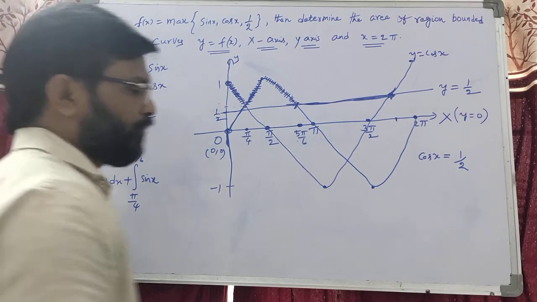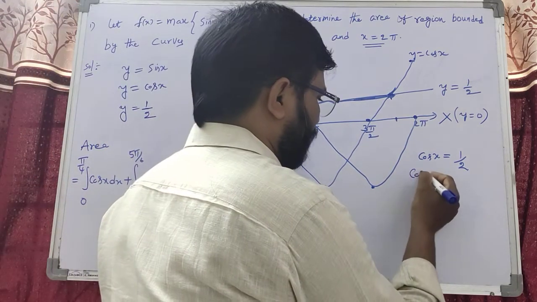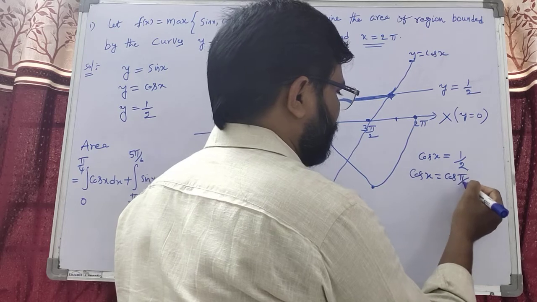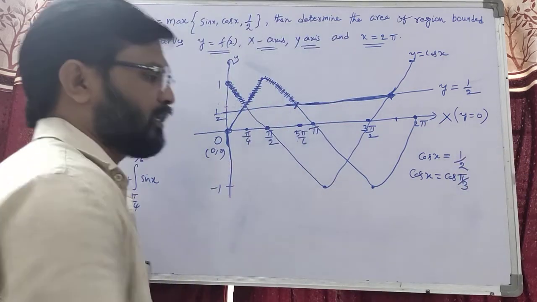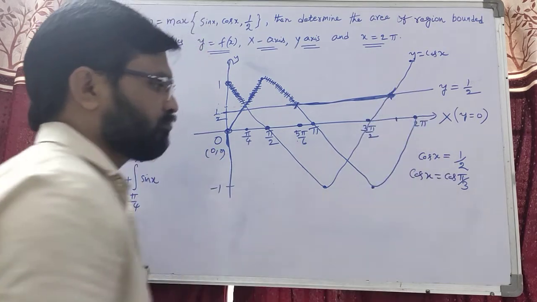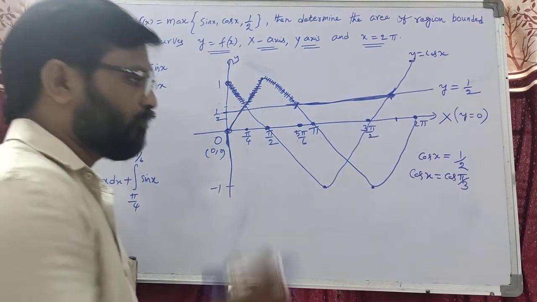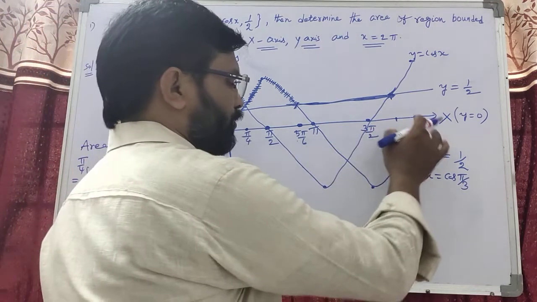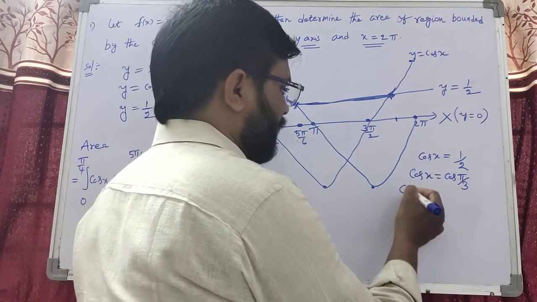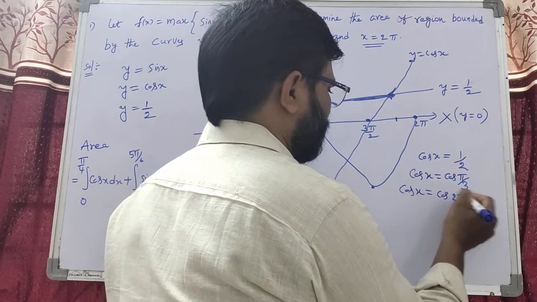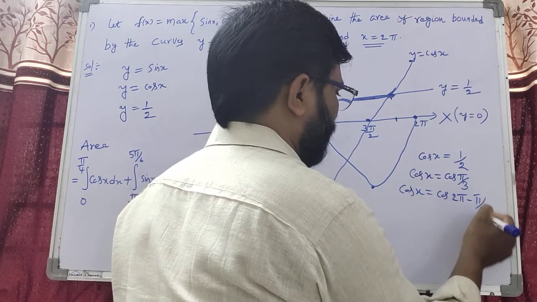Therefore, we have to know that the value 1/2 is the value of cos of 60 degrees. Okay students, when you remove the cos, it is pi/3. So we have to take the cos value between 270 and 360. Therefore students, we can write this as cos of 360 minus pi/3.